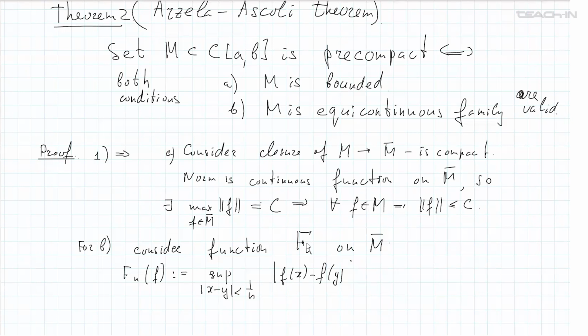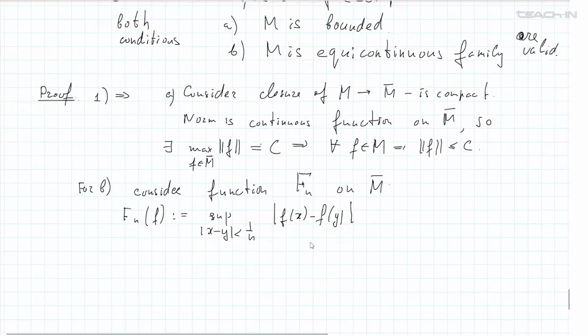So it's easy to see that I only change the continuous parameter delta in the equicontinuity by the discrete parameter 1 over n. So what can we say about this family of functions? Moreover, it is a sequence of functions.